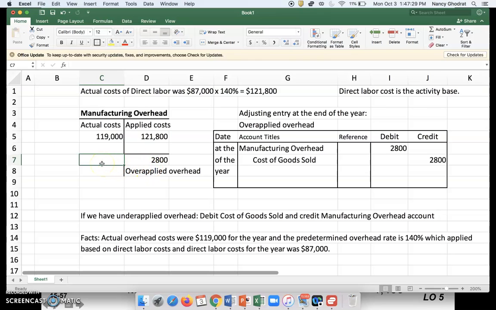To arrive at zero balance when we have an over applied overhead situation, we're going to debit manufacturing overhead and credit cost of goods sold, in this case for the 2,800. And this adjusting entry is done at the end of the year. So if we have under applied overhead, we debit cost of goods sold, credit manufacturing overhead account. But if we have over applied overhead, we debit manufacturing overhead account and credit cost of goods sold.